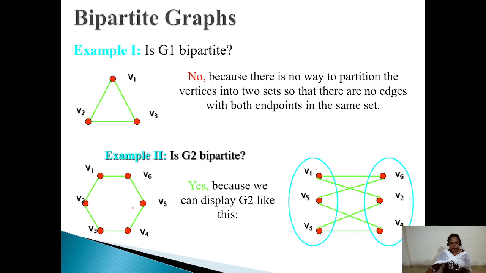Here this is bipartite: V1, V2, V3 is one partition, V6, V5, V4 is the other. See, the mapping divides the vertices into two partitions, V1 and V2. We can display G2 like this. Here G2 is a bipartite graph, G1 is not a bipartite graph.